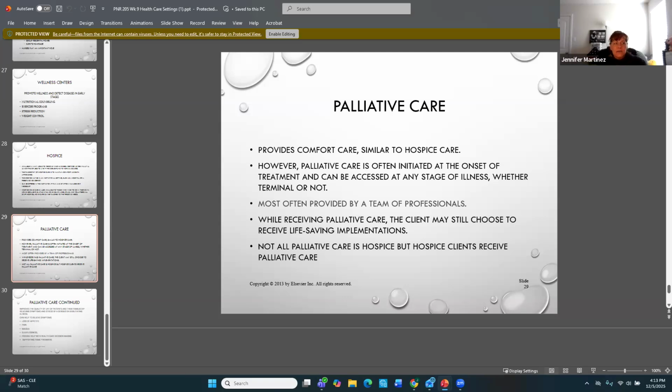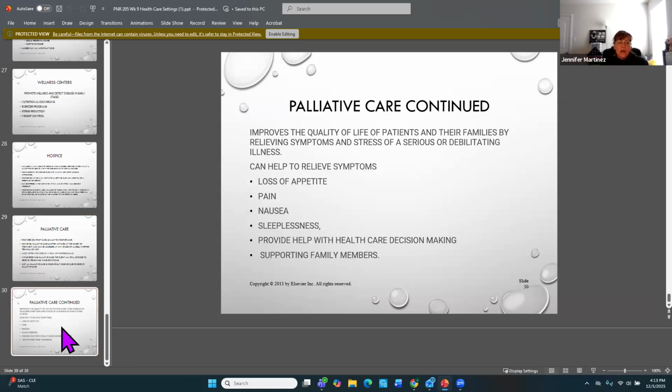And so while receiving palliative care, they can still choose to receive life-saving treatments. Not all palliative care is hospice. Hospice clients still receive palliative care, right? But with hospice care, we're not providing life-saving treatments. So that's the big difference.